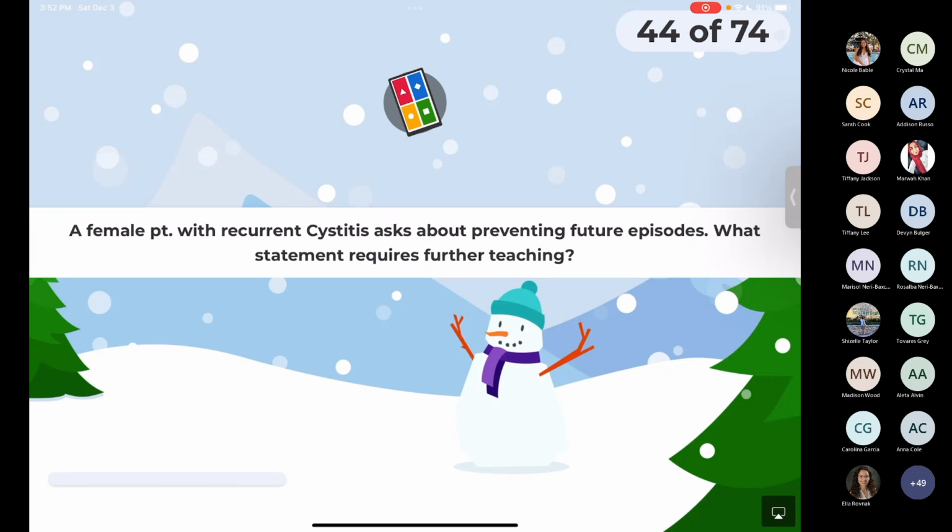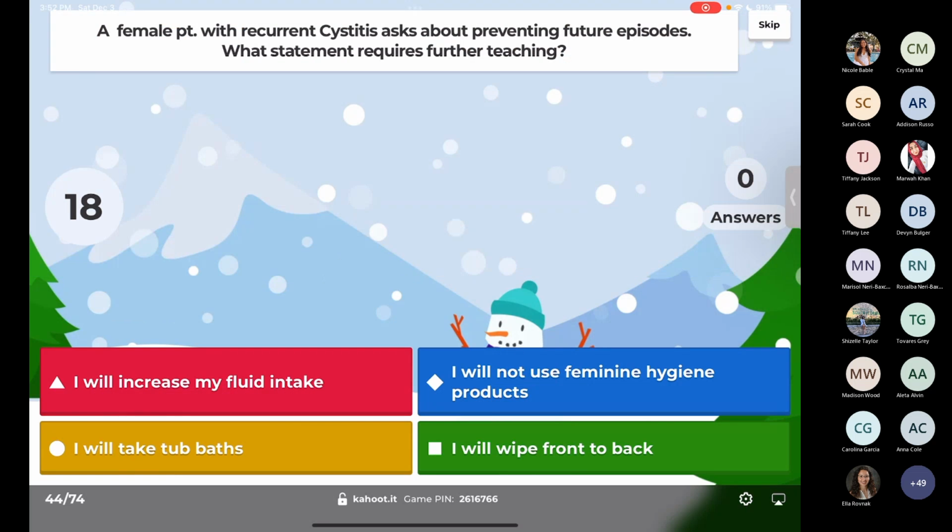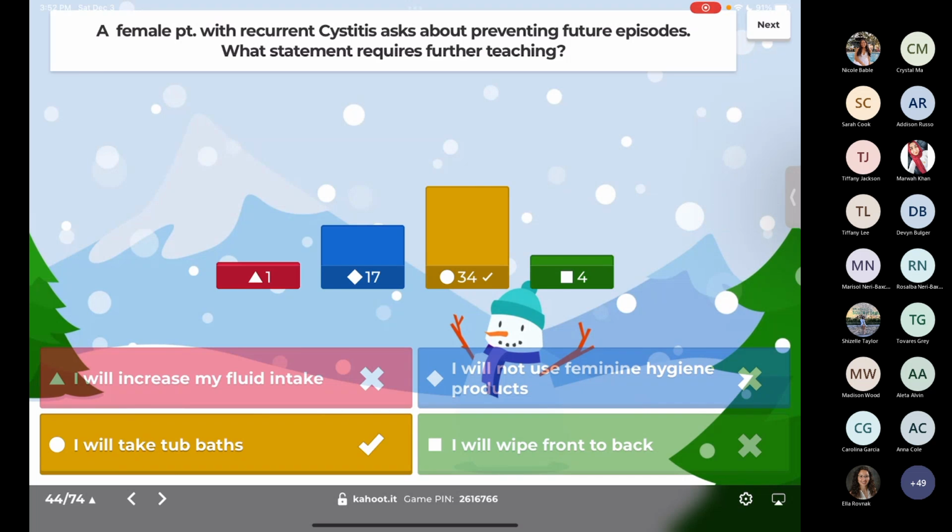A female with recurrent cystitis asks about preventing future episodes. What statement requires further teaching? All right, good job, guys.